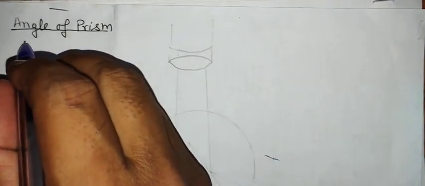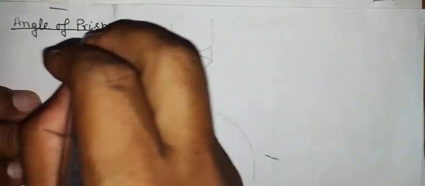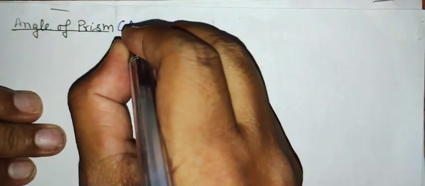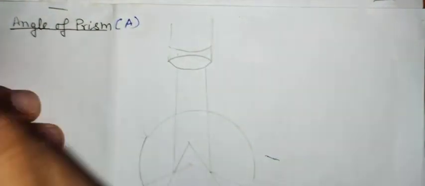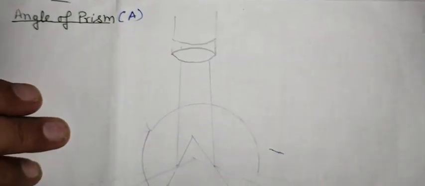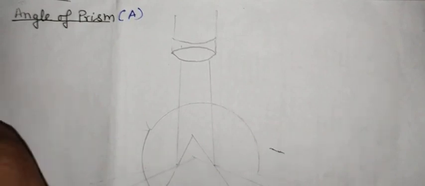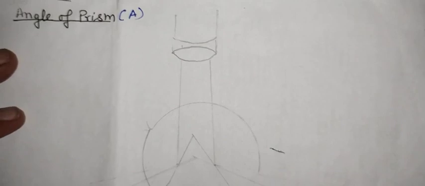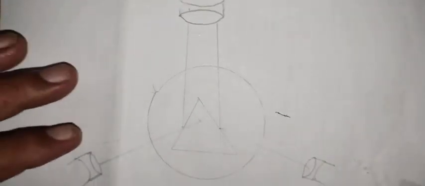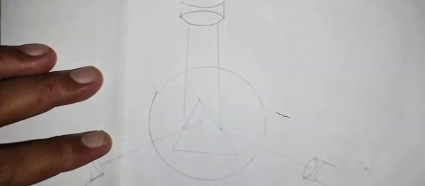Here by the spectrometer we can determine the angle of prism A by doing an experiment. So see the experiment, how it is done to determine the angle of prism A. See the prism table.